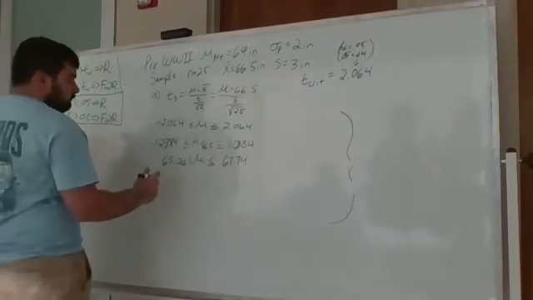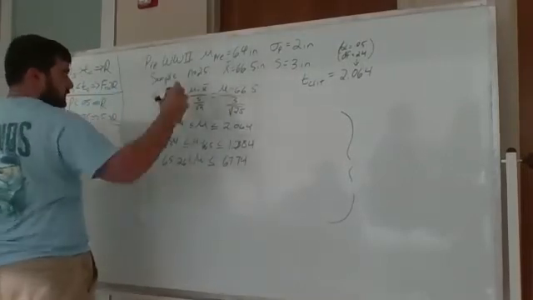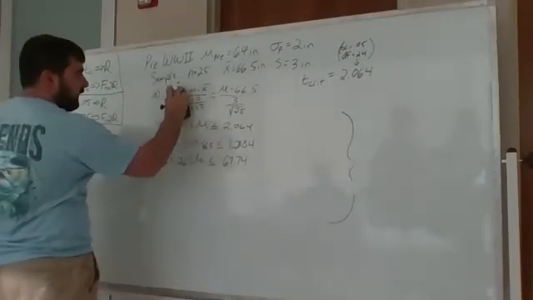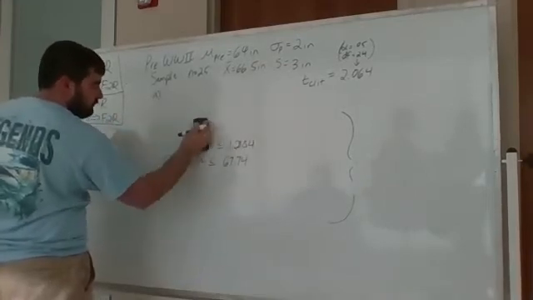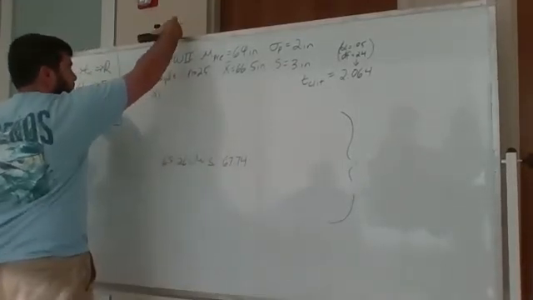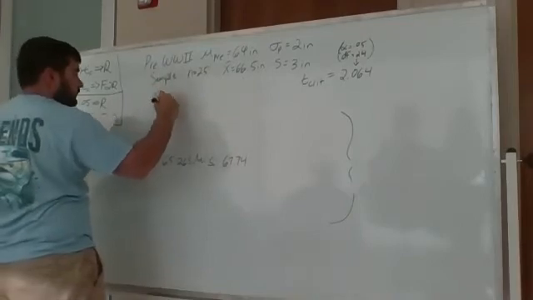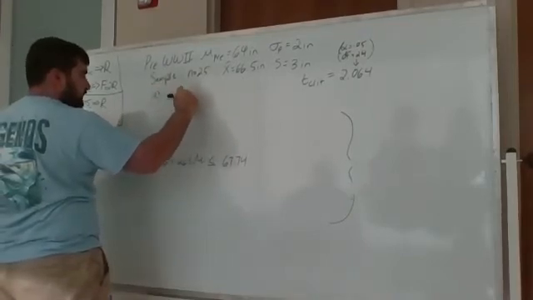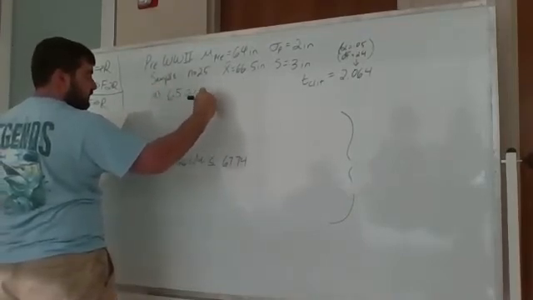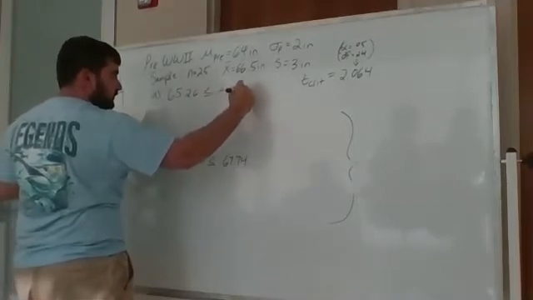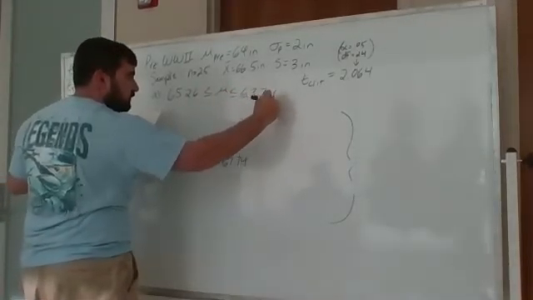I'm going to just write this part up here for A. So A, 65.26 is less than or equal to mu, which is less than or equal to 67.74.